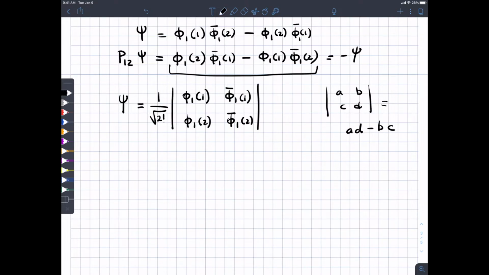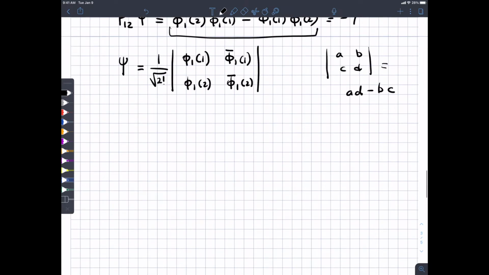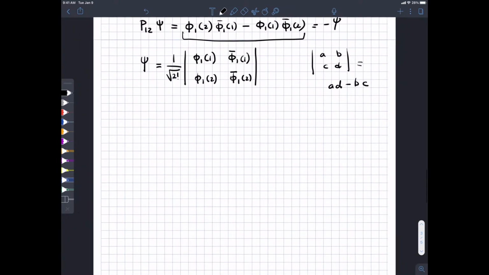So Samantha asked, what if you had more electrons than just 2? And the answer is you just continue on with the pattern. So imagine a 4-electron system in 2 spatial orbitals. For that, the wave function would be, here's a scaling factor in the front, which you can ignore.